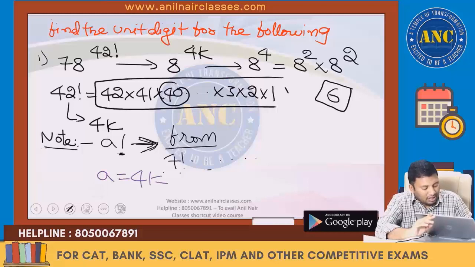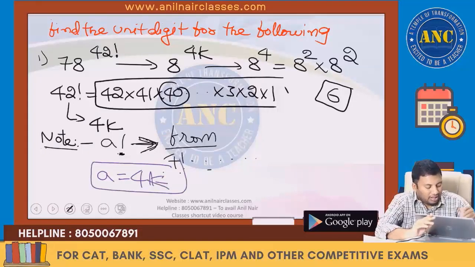Please write down: a factorial is divisible by 4k from 4 factorial onwards.